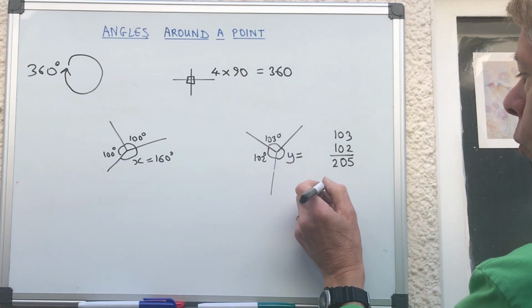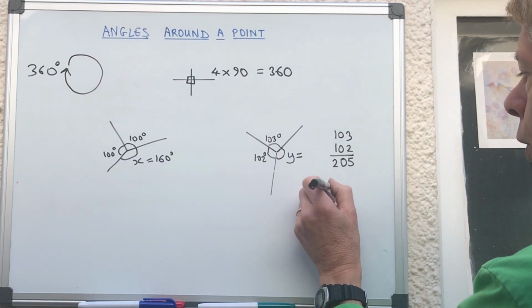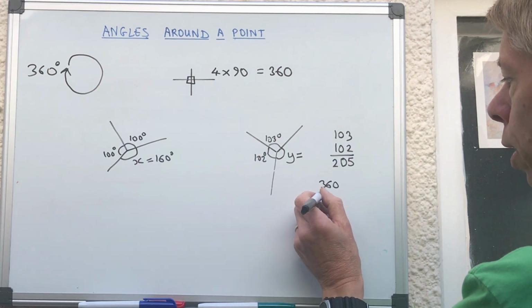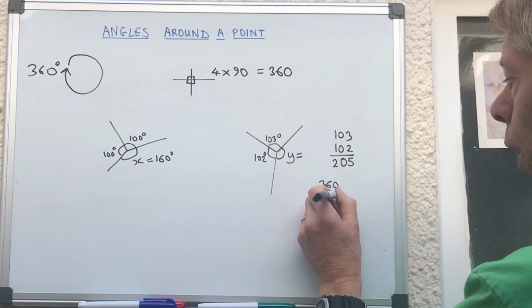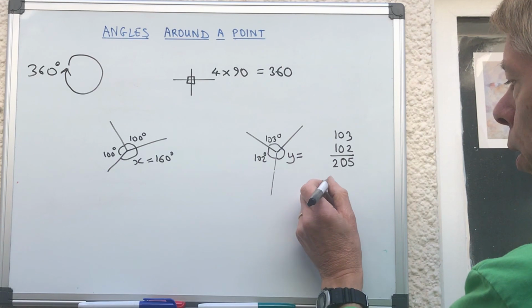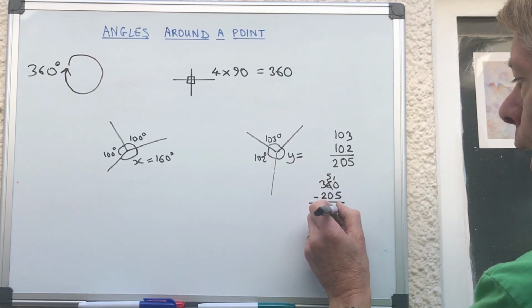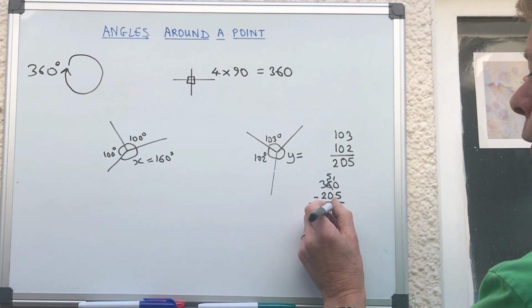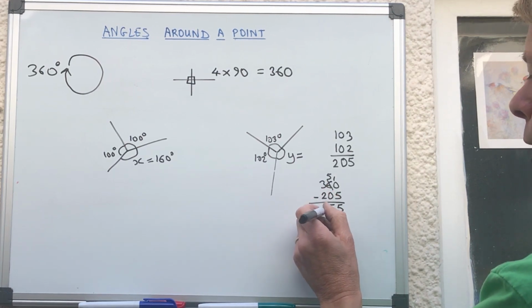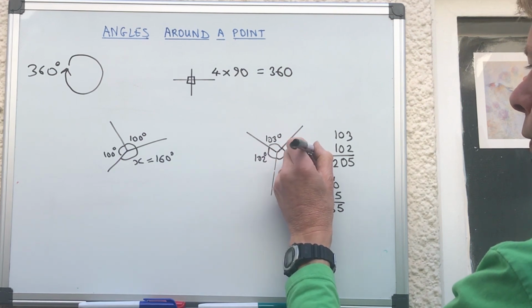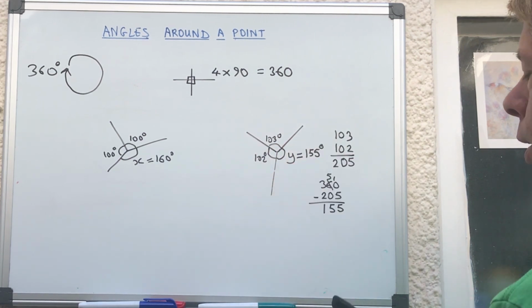Now we know that around a point it's 360 degrees. So if we do 360 take away 205, that will give us the answer. So we've got to cross that out to get a 5. 10 take away 5 is 5. 5 take away 0 is 5. And 3 take away 2 is 1. So y must be 155 degrees.